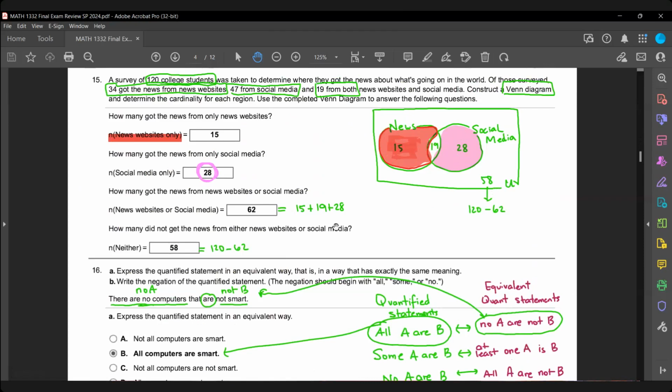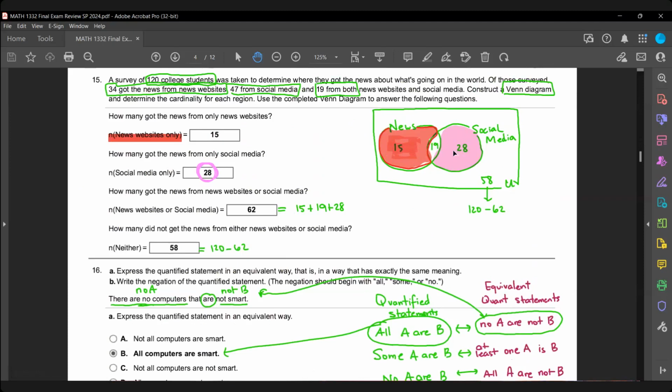Where about this 62? What is the relationship with this 58? Well, there are 120 students in total. If we add these students, 15, 19, 28, we get 62.